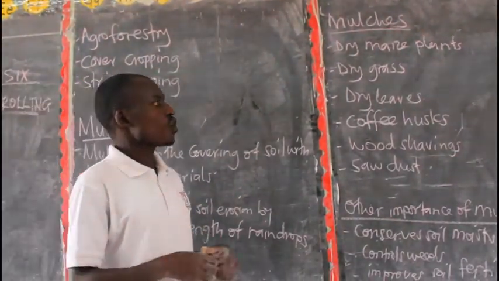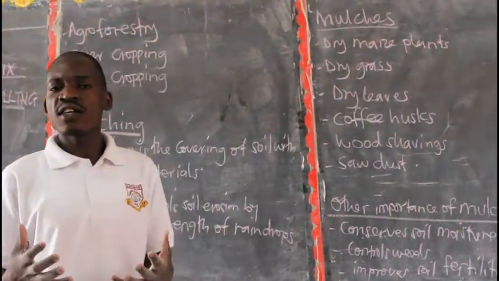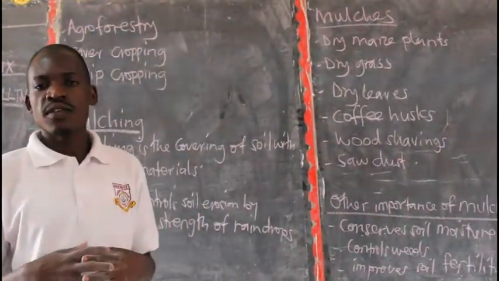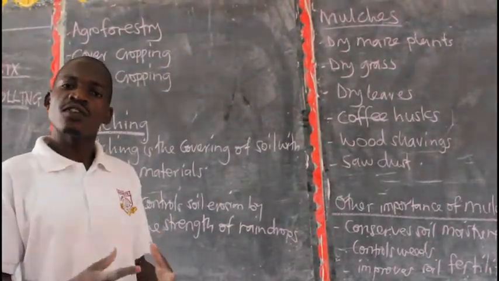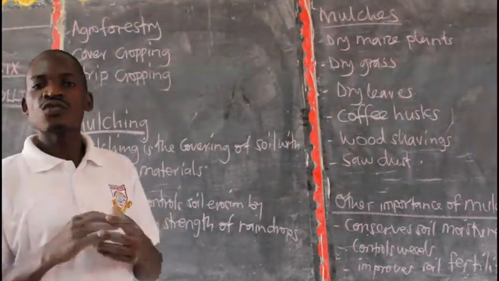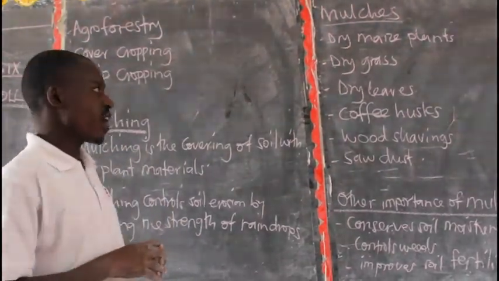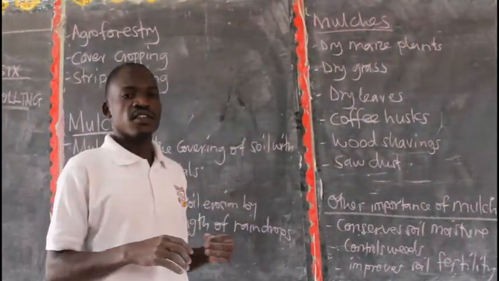Two, we have dry grass. Dry grass can also act as very good mulch. We don't use raw grass, the one which is still fresh, because fresh grass can rejuvenate and grow into weeds. That's why we want those which are dry. We have dry leaves. We can also use coffee husks.